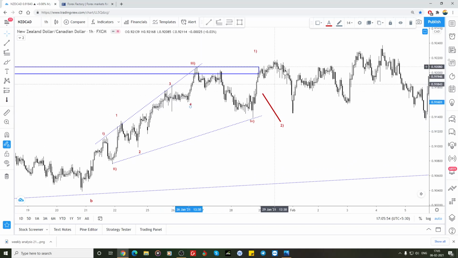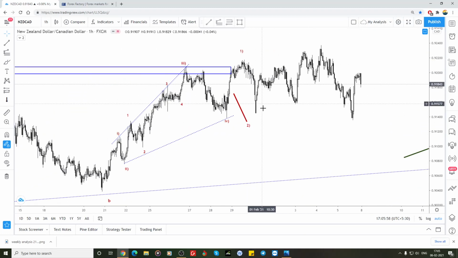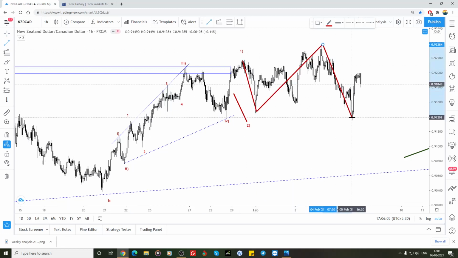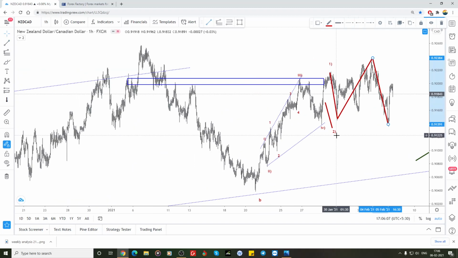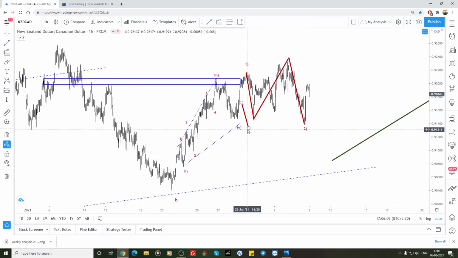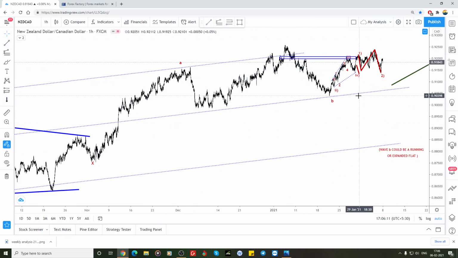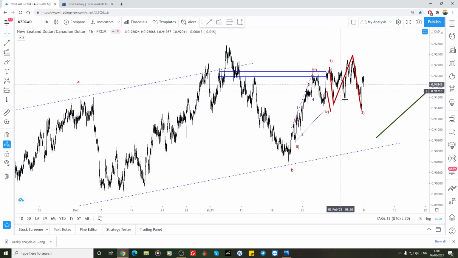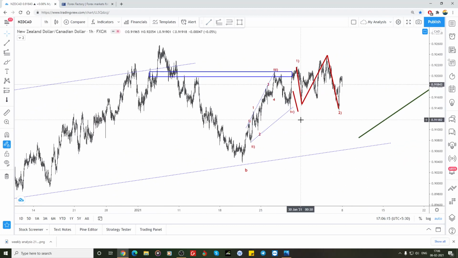So this is 1 and this is an impulsive, so 1 is completed. So we are in that A, B, C, B, C. So here it's on A, B and C. So the second wave is completed here, and we are in the third wave, in that C wave. So what is the regular thing you have to do with the stop loss?